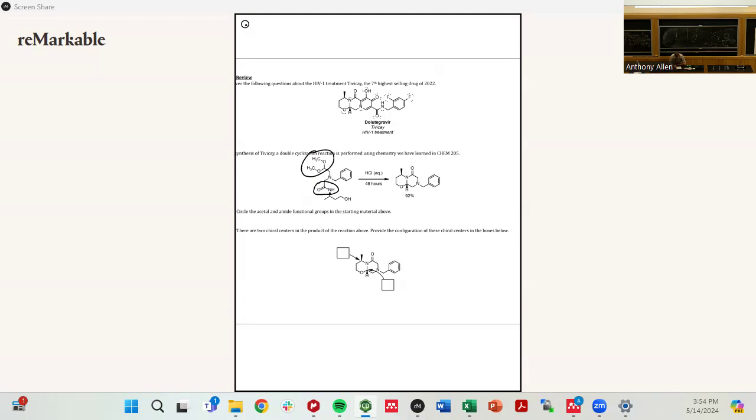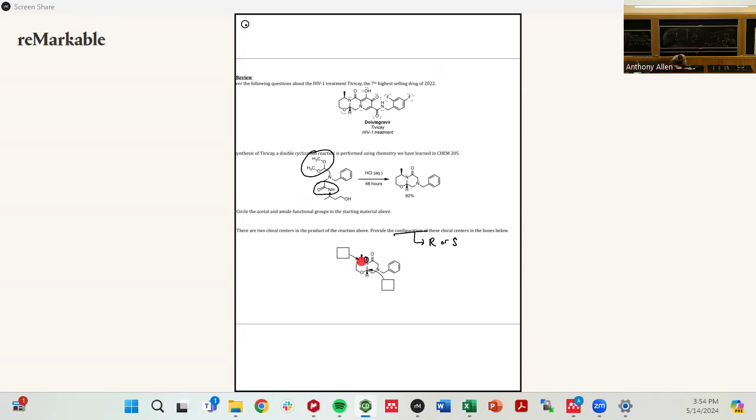Two chiral centers. Okay. Provide the configuration, R or S. The good news is you can always guess on these, and you got a 50% chance. Technically, since there's two of them, you got a 25% chance of getting both of them right, but in any event, this one is a bit simpler.